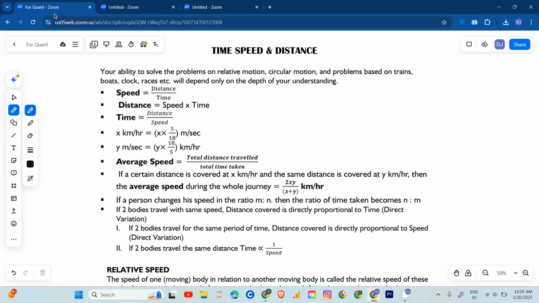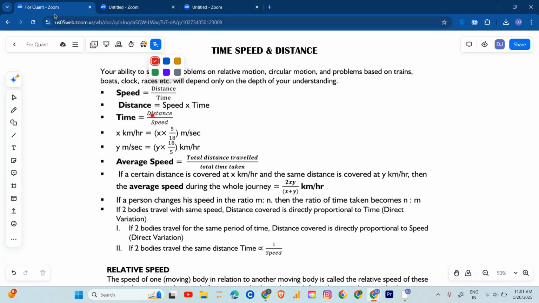Okay. So we have this formula: distance is equal to speed multiplied by time. Fine. And another one is time is equal to distance upon speed.